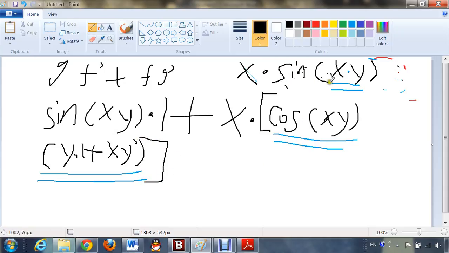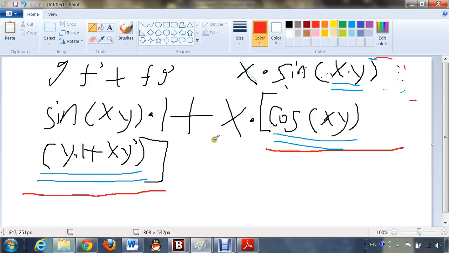The derivative of sine xy, this entire thing that I'm underlining in red pen, is the derivative of sine xy by taking the chain rule.